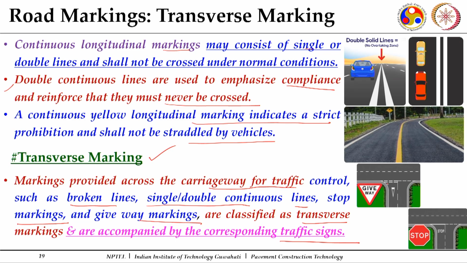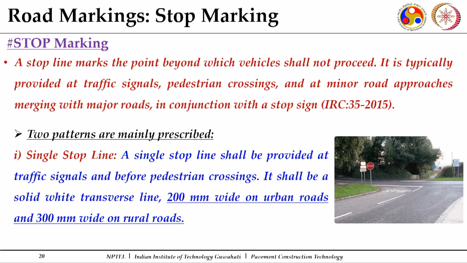Here you can see a double transverse line, and this is a single transverse line. Now, these are stop markings. Specifically, these are meant to indicate that a vehicle needs to stop here. These are transverse markings. A stop line marks the point beyond which a vehicle shall not proceed. It is typically provided at traffic signals, pedestrian crossings, and at minor road approaches.